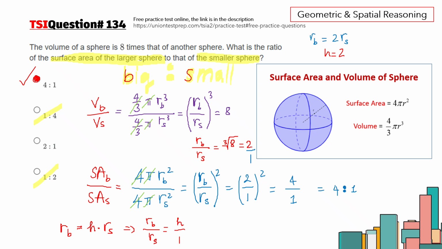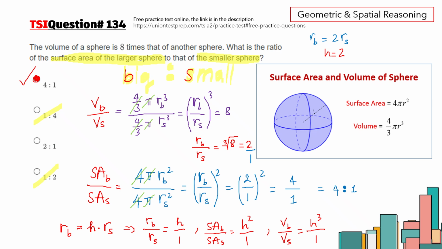And if we're talking about the surface area of the bigger over the surface area of the smaller, that will be h squared over 1. And the volume of the bigger over the volume of the smaller sphere will be h to the power of 3 to 1.